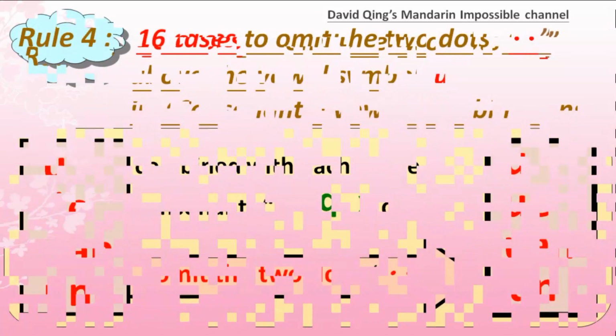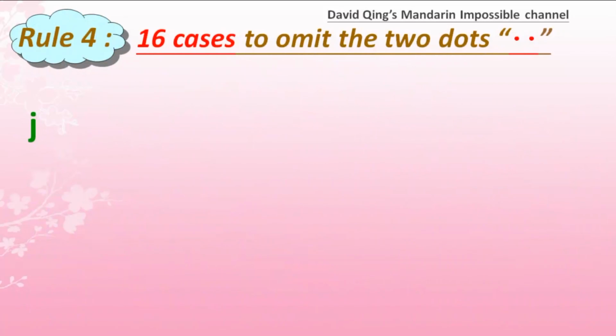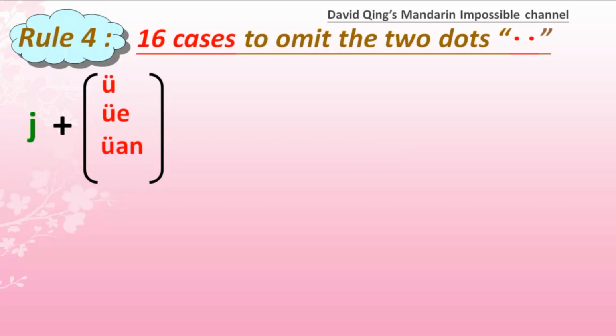For example, when the consonant j combined with the vowel yu, yue, yuan, or yun, the combinations are represented as ju, jue, juan, jun, without 2 dots above the vowel.